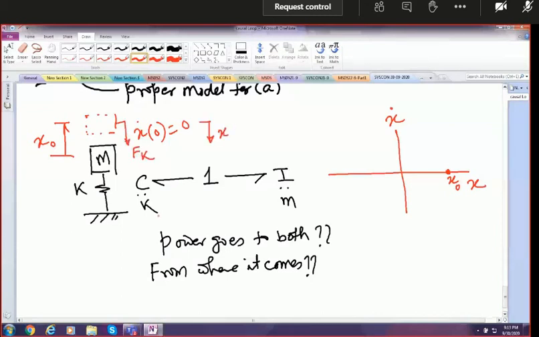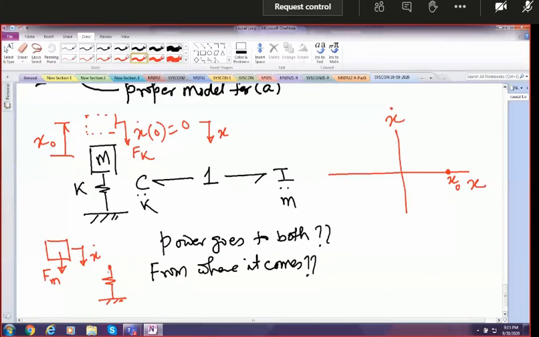So on the mass, force is downwards and movement is downwards. On the spring, how is the force?